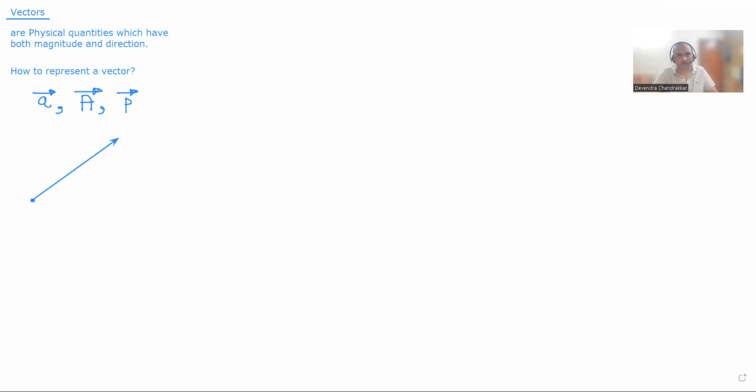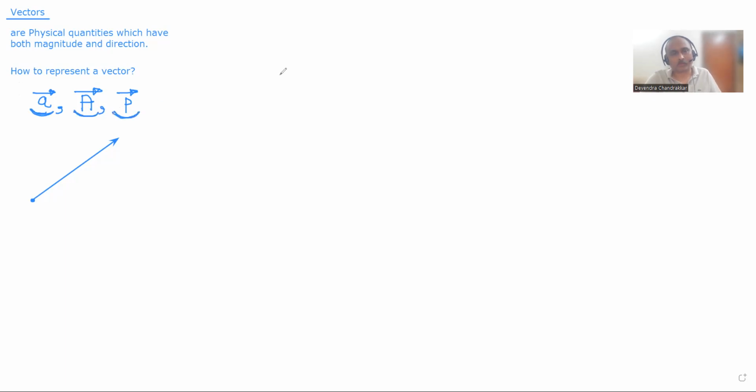So vectors are physical quantities which have both magnitude and direction. And how to represent a vector? This is how we represent a vector, by an English alphabet with an arrowhead over it, right?